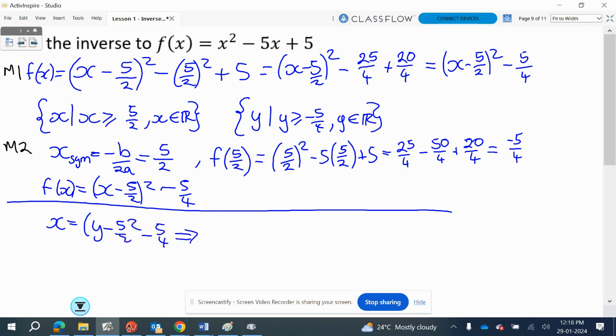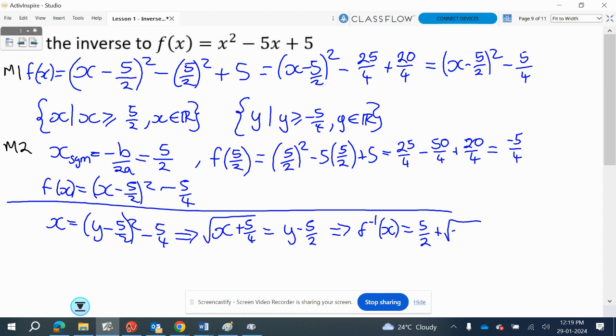This implies that x plus 5 over 4 is equal to y minus 5 over 2 squared. Let me square root that now. That implies that f inverse of x is equal to 5 over 2 plus root x plus 5 over 4.